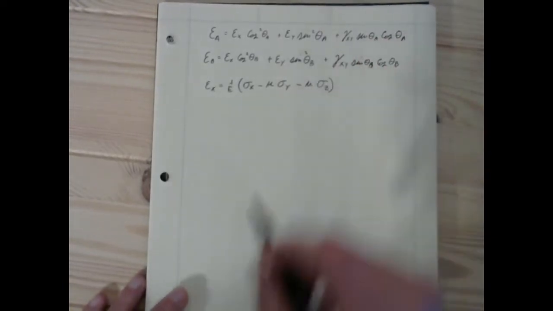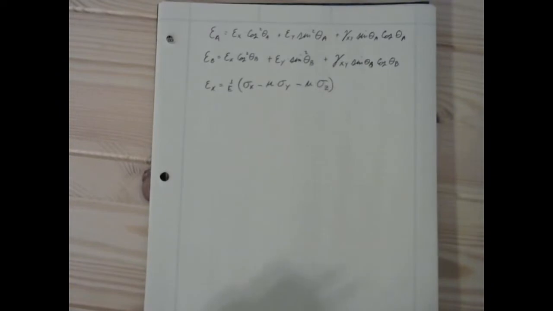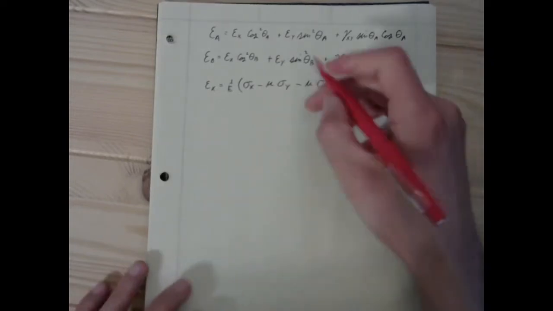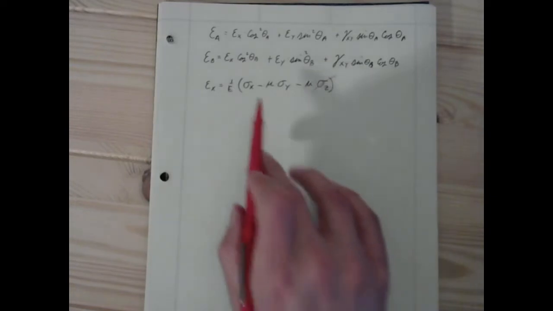But of course, in this lab, we're not going to have any normal stress in the z direction. That goes away. So we're left with only those two terms right there.